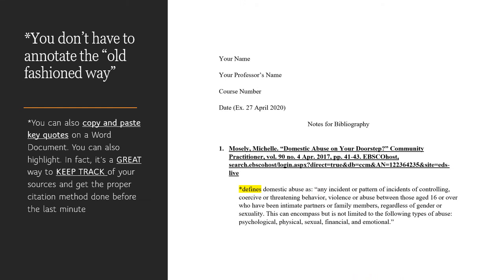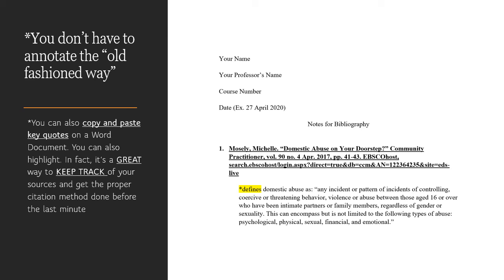There are so many different ways to annotate that you don't even have to do it the old-fashioned way, perhaps, with your pen and highlighters. You can copy and paste key quotes, those passages that you might want to actually use as support for backing up a claim that you have in your essay. So one thing you can do is open up a Word document, or Google Docs, whichever works best for you, and organize by making sure that you keep track of the actual source you're using.